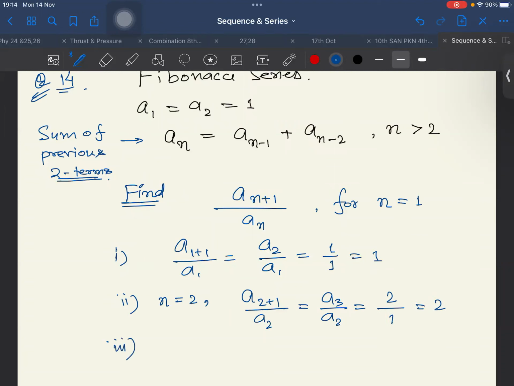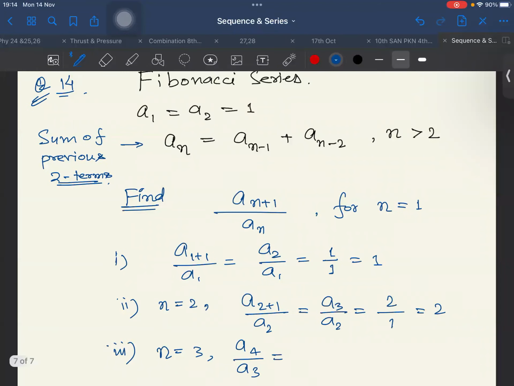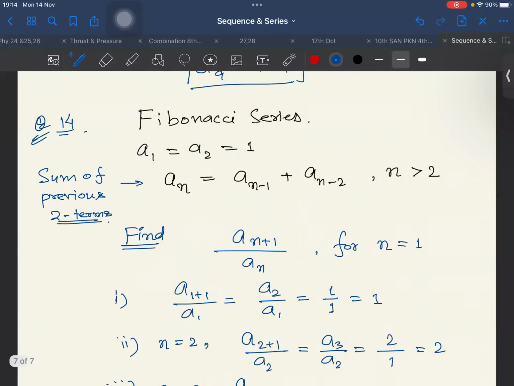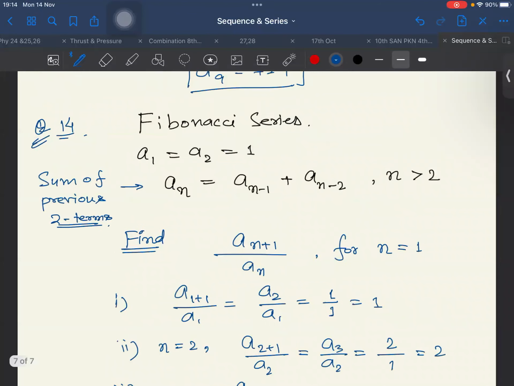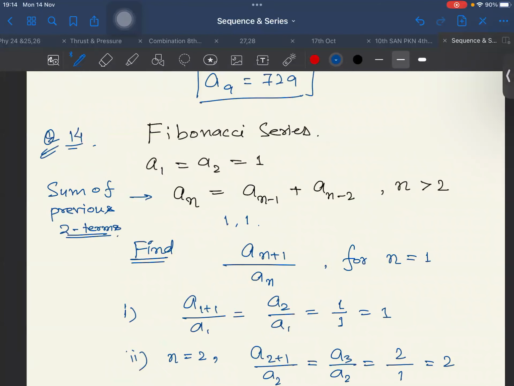The third one, n is equal to 3. So A4 upon A3 you need to find out. A4 is how much? First you have to write down the series here using this expression. So it is 1, 1, 2, and the summation of these two will be equal to 3.